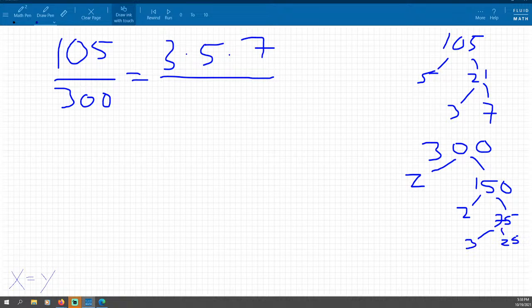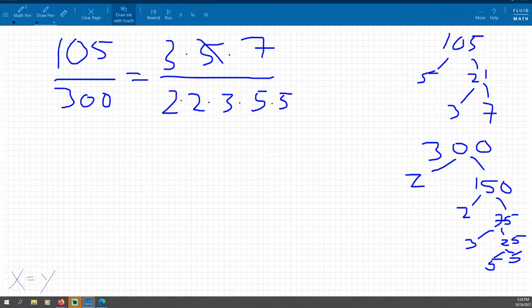And that's going to be 5 and 5. So now we've broken down both 105 and 300 into the product of their primes. So this is all prime numbers here. So we're going to go 2 times 2 times 3 times 5 times 5.